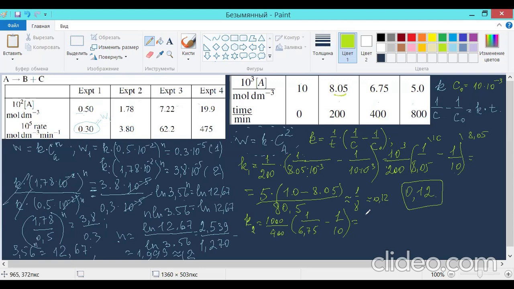We multiply by 5,000 and divide by 400. Again, 0.12.